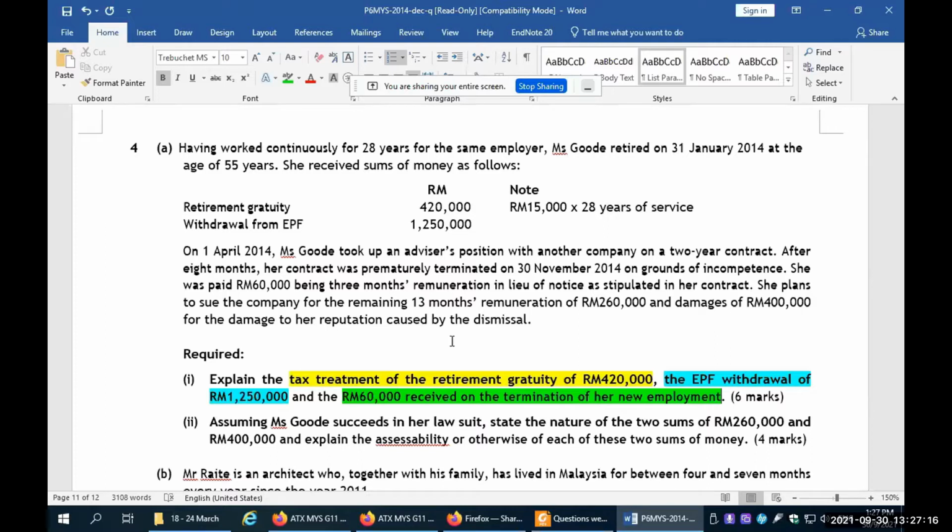Okay. Now, this is not too difficult. Again, the words here, tax treatment, is so wide. So generally, you are going to mention whether it is taxable or not taxable, whether it is exempted or not exempted, those things in this situation.